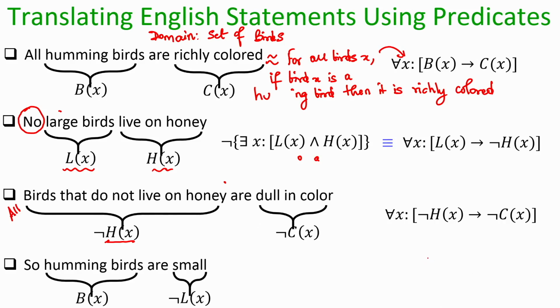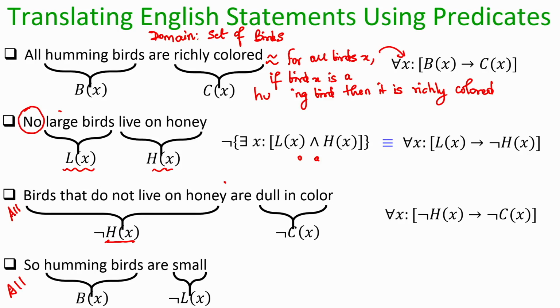Right. And what is the last statement? That hummingbirds are small. Okay. Again, I do not need any new predicate here. Hummingbirds is represented by the predicate B of x, and L of x was used to represent that bird x is large. So, negation of L of x will represent that the bird x is small. And again, this conclusion is about all hummingbirds, it is not about a specific hummingbird, right.